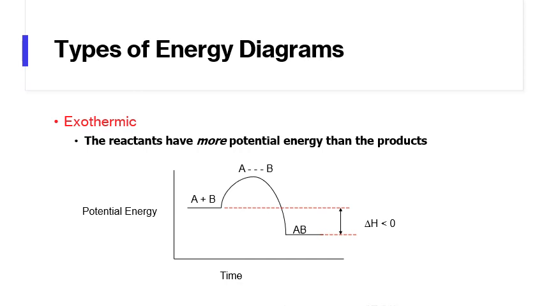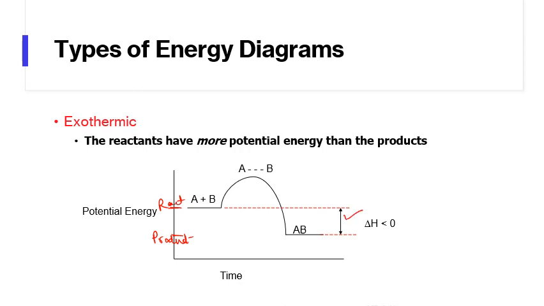That means we will have reactants with more potential energy than the product. So for the product, the potential energy is at this level, and for the reactant, we can see the potential energy here. So when you see the difference between the potential energy of product and reactant, you can mark that one here.